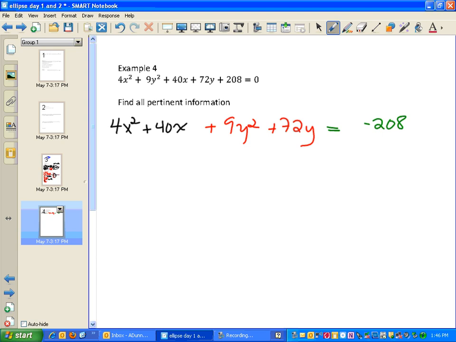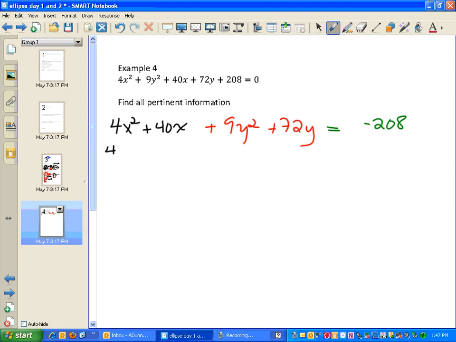Okay. What's the first rule for completing the square? What has to be a 1? The coefficient must be a 1. Is this? You can't in this case because, nope. We're going to pull the 4 out.